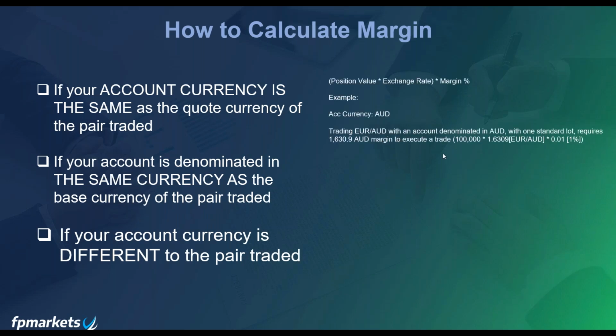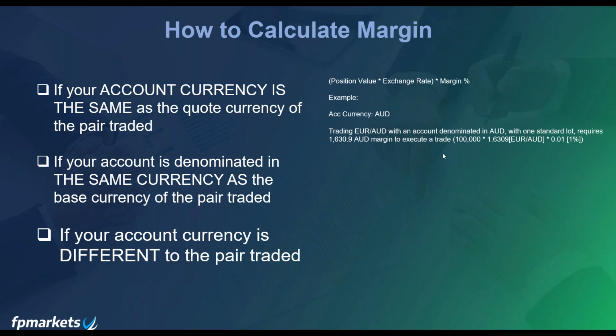If your account currency is the same as the quote currency of the currency pair traded, you must multiply the position value by the current price of the pair traded and multiply this value by the margin percentage, which in this case is 1%.